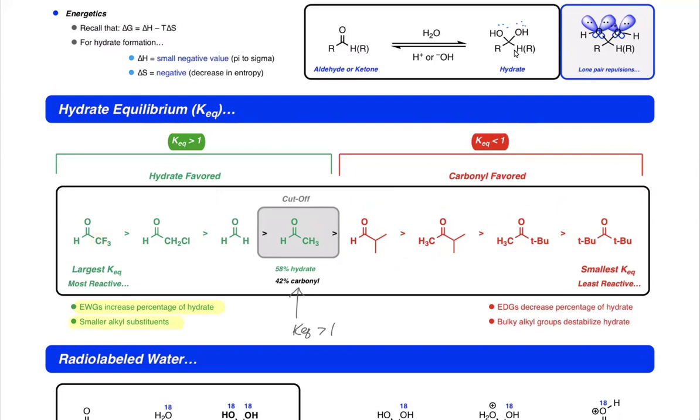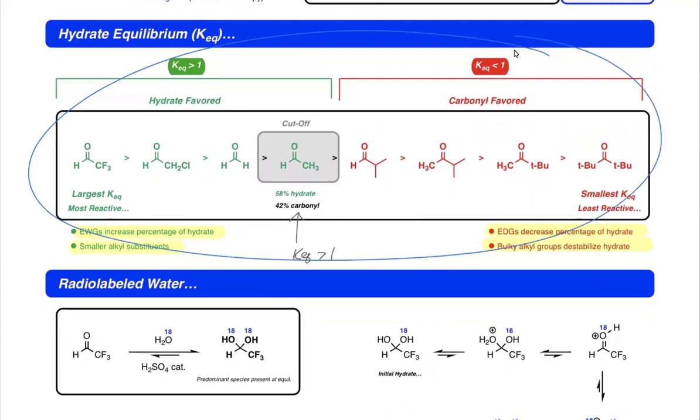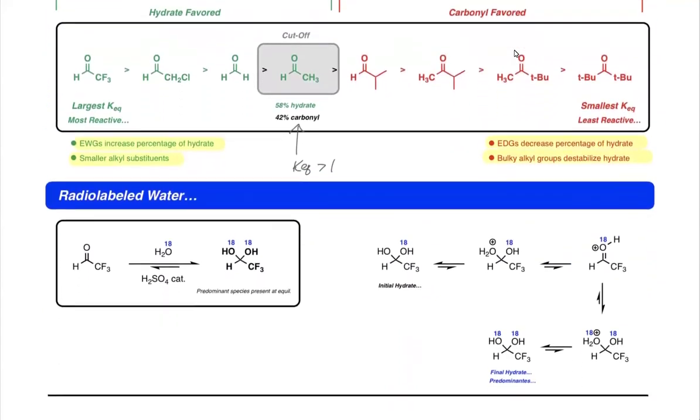Generally speaking, having smaller alkyl groups helps to form hydrate more favorably. On the flip side, electron-donating groups would decrease the percentage of hydrate at equilibrium, as would bulky alkyl groups, because bulky alkyl groups would destabilize the hydrate structure. This visual is very key for a lot of problems we'll solve.